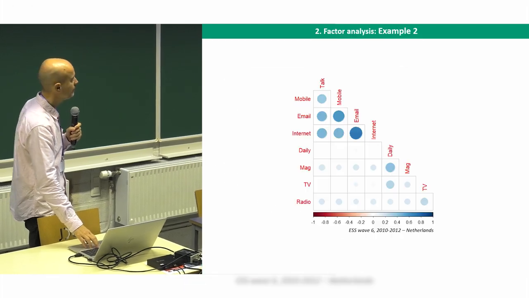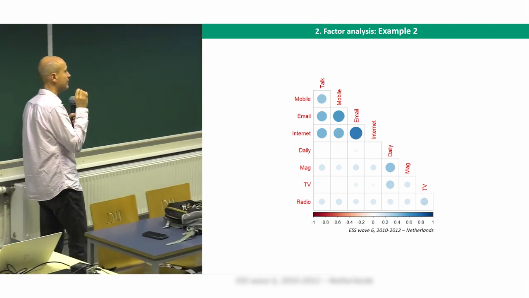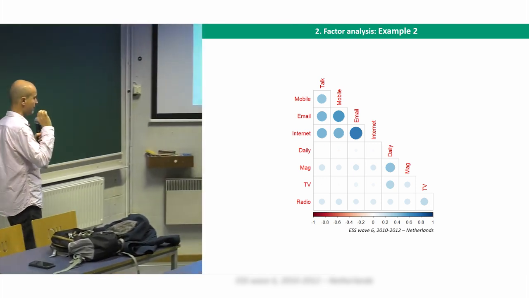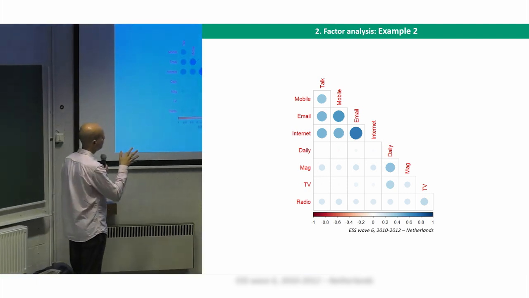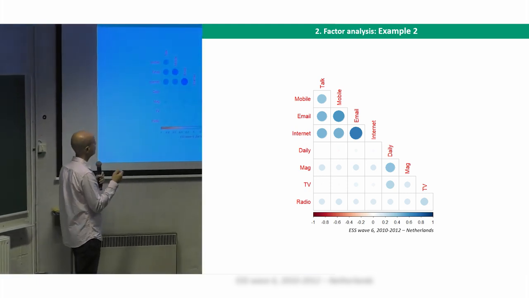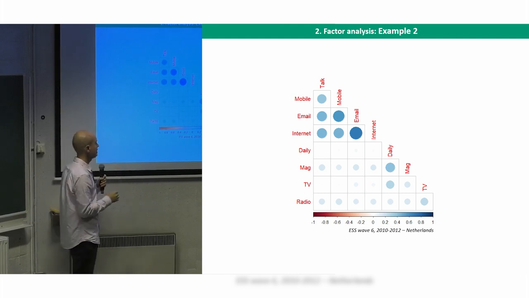So maybe another example that I like to use is about the usage of different kinds of media. And you start with correlations, that's the corrplot function. These data are from a bit more than 10 years ago in the Netherlands.